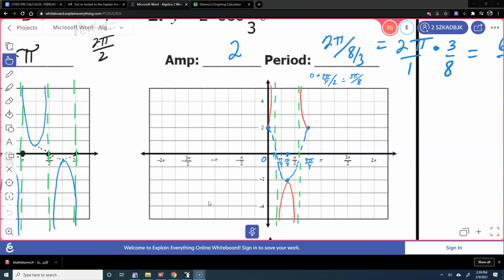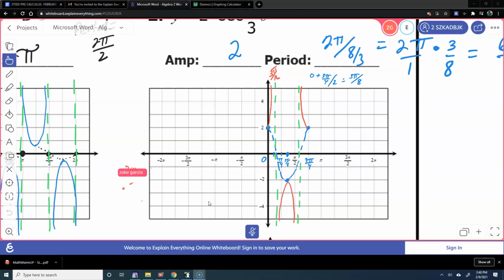So if you want to know where the asymptote is, I have to get half of 3/8. So half of 3/8 is going to give you 3/16. So your asymptote happens at 3 pi over 16. And the other asymptote is between pi over 2 and 3 pi over 4.